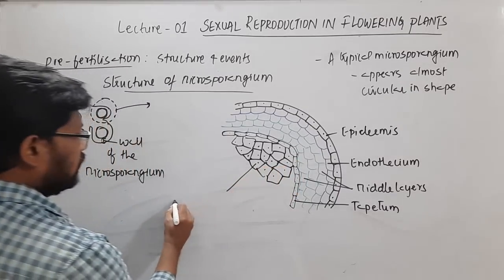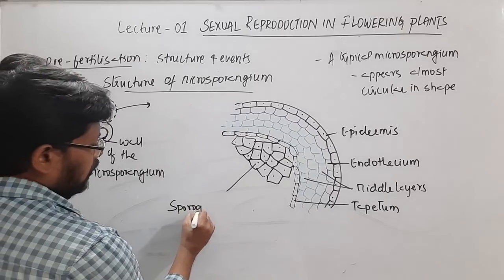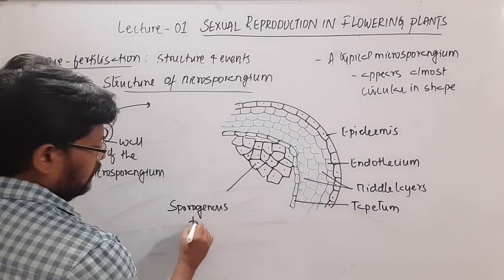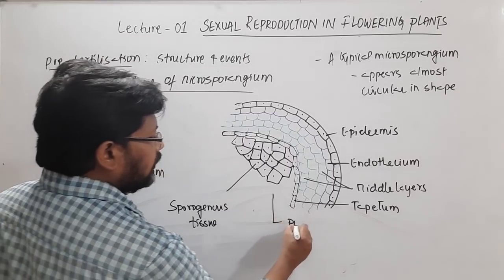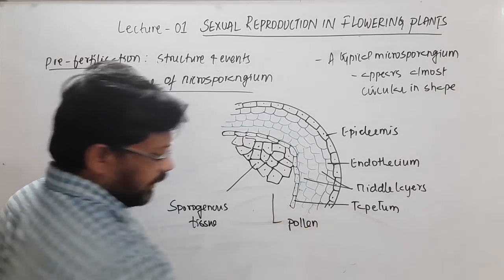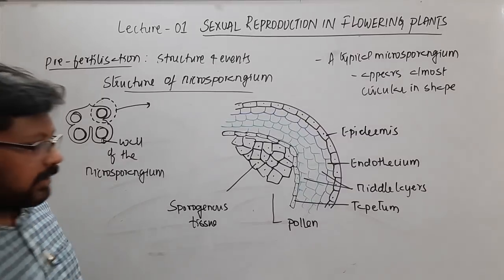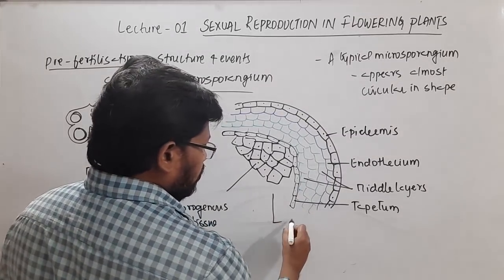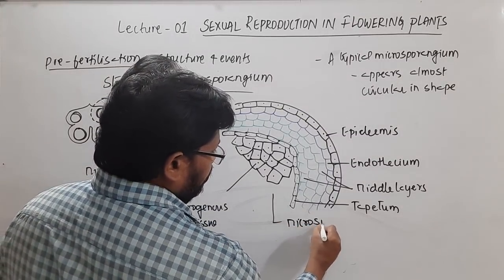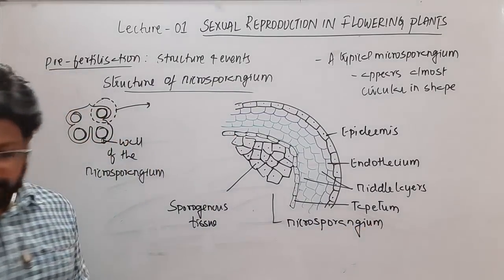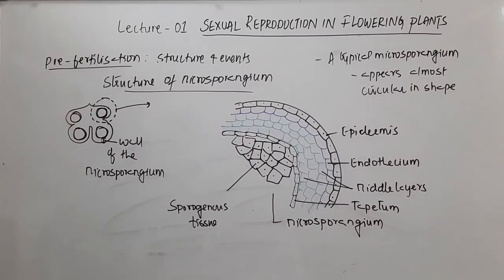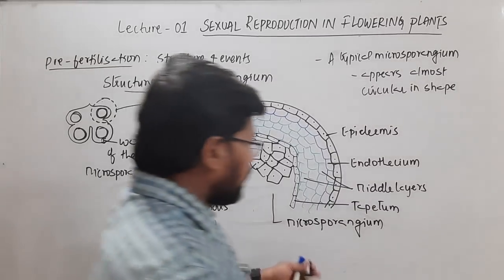So this is the sporogenous tissue, and this one is the pollen sac, or I can say the microsporangium. I hope that part is clear.